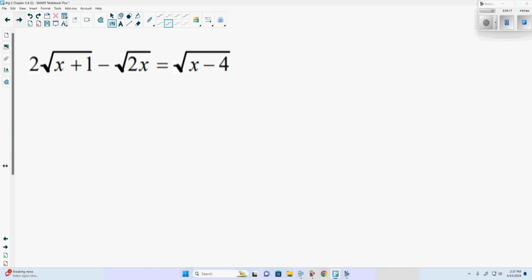We've seen one where we have 2 radicals. We're going to look at one that has 3. Yeah, we're going to do this one here.